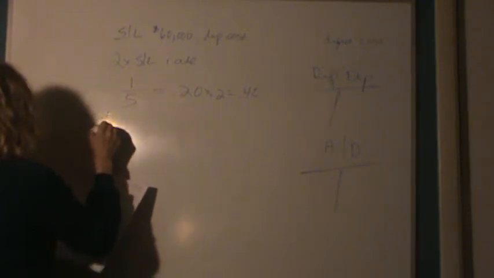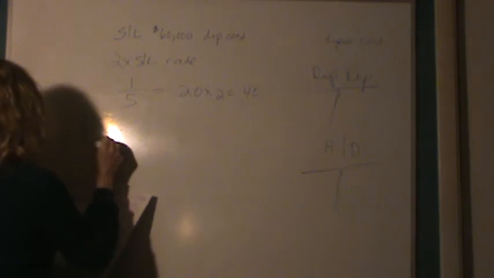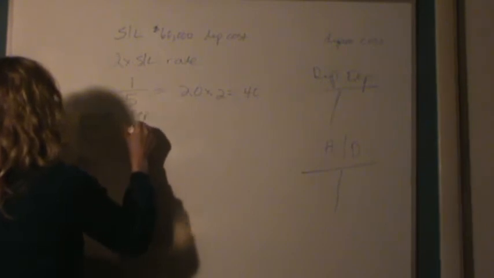Let's start off with 2011. So we're going to need the book value at the beginning of the year, which in our case is $60,000. We're going to multiply it by our depreciation rate, which is 40%. And that's going to give us our annual depreciation.